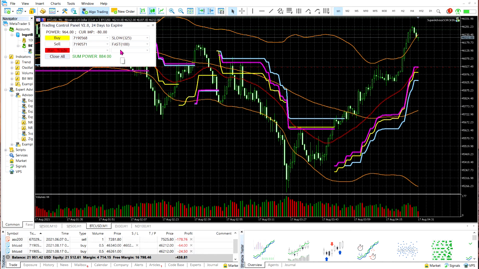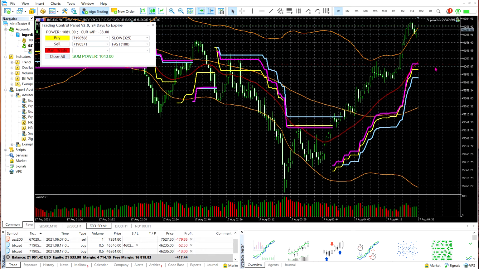And again, when there is a new candle, it starts showing on the chart. Now it's a 1 minute time frame, so every 1 minute the system will refresh and recalculate indicators and change your stop loss.